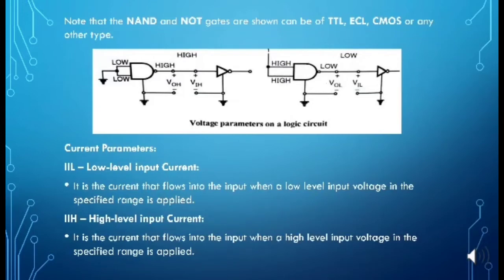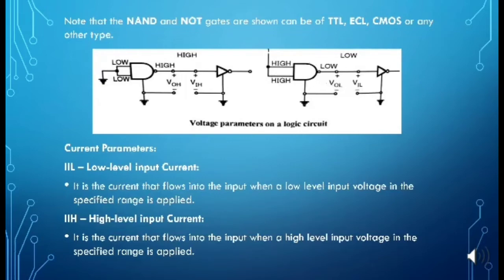The voltage parameters can be shown on a digital circuit consisting of gates as shown in the figure below. Note that the NAND and NOT gates shown can be of TTL, ECL, CMOS, or any other type.